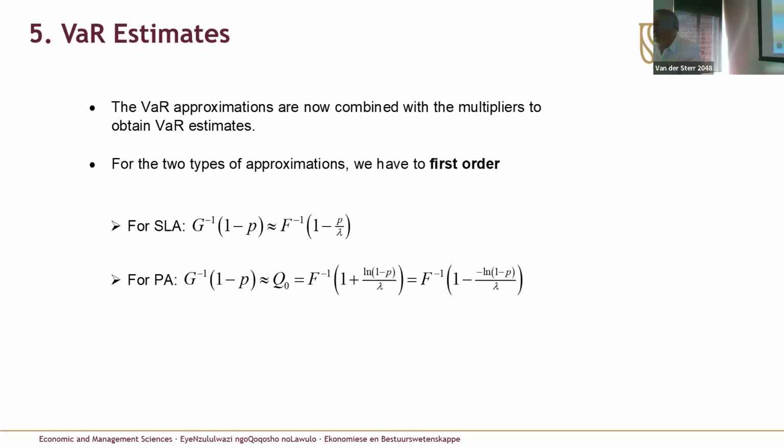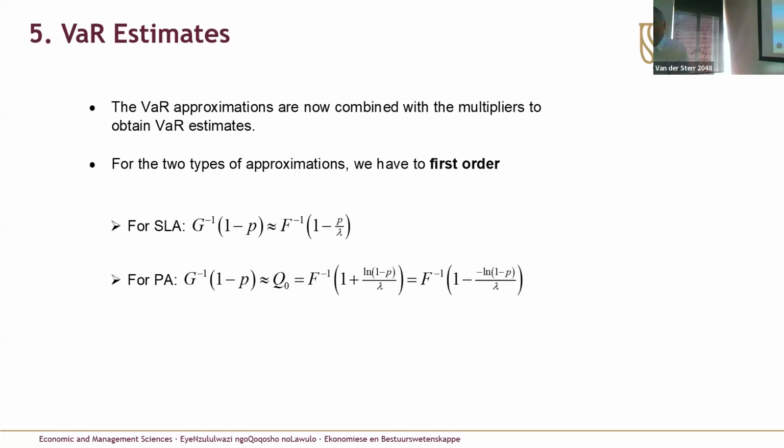Now, once we have the multipliers sorted out, we have to get to the estimates, and I'll just briefly explain that. Remember that we had the two approximations, and I'll just look at the first order. I'll say something later about the second order. For first order, the single loss approximation, we need to estimate F inverse of 1 minus P over lambda.